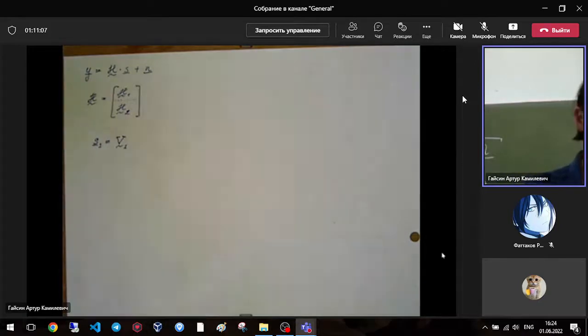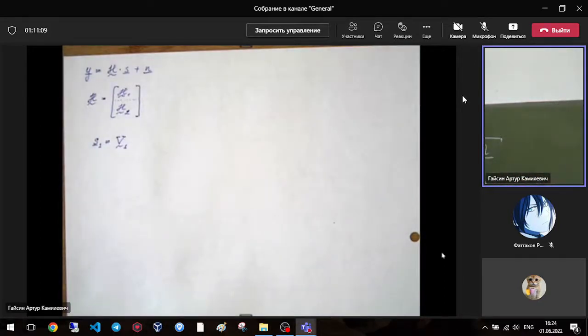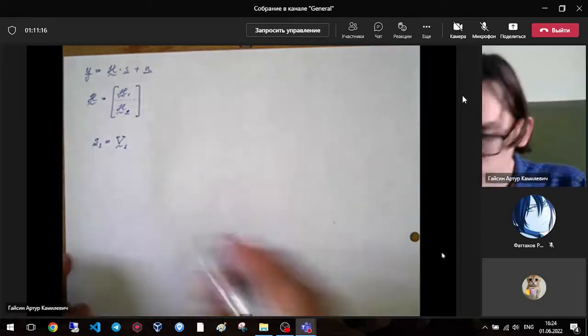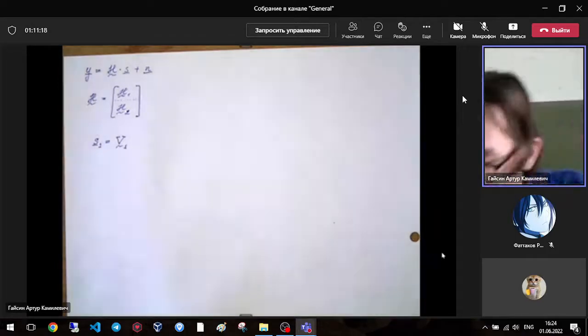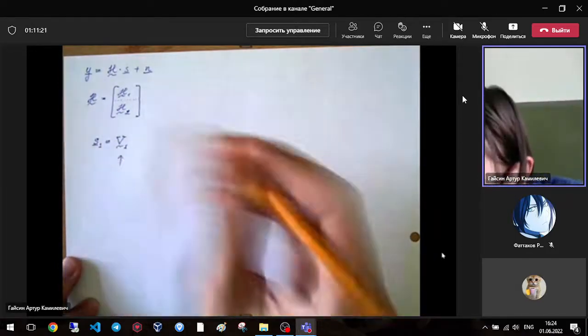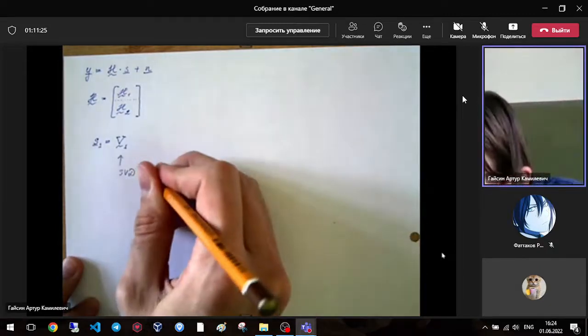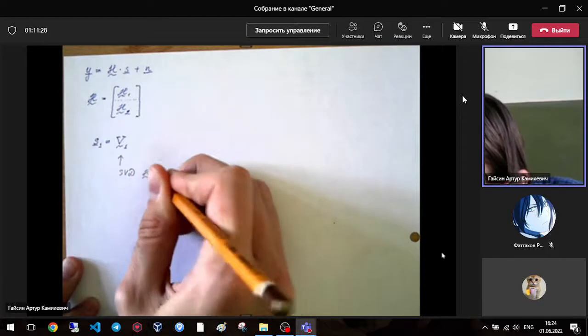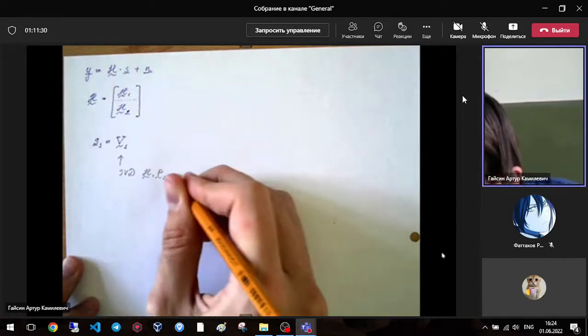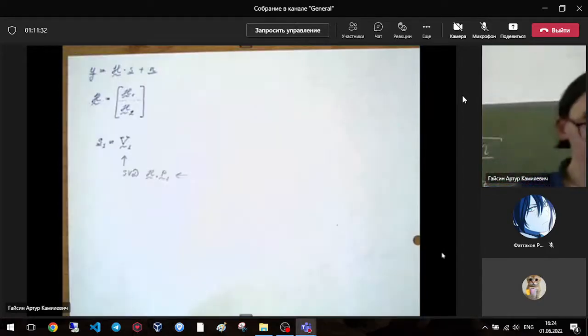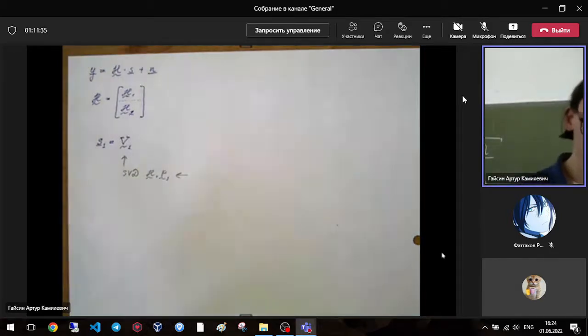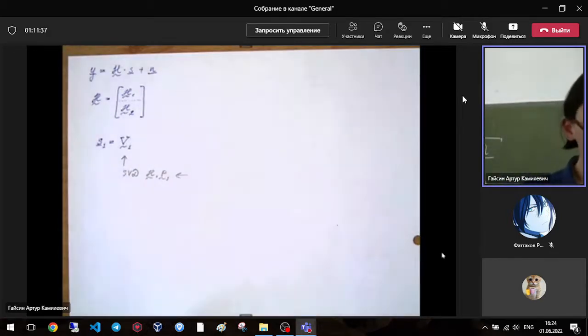Maybe we can say that this V1 is calculated from the singular value decomposition of H1 times P1, and this P1 is also calculated from the singular value decomposition of H1 tilde.